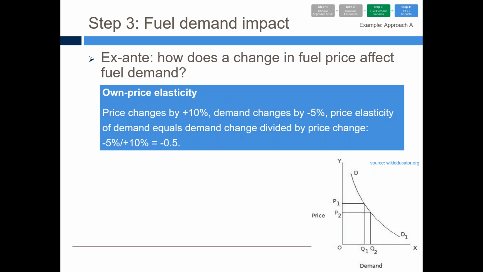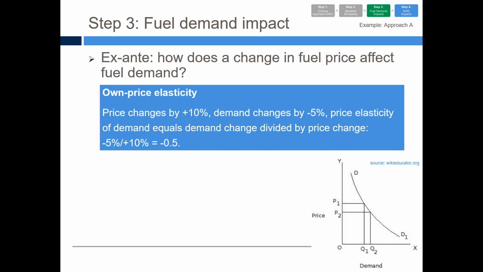So if you increase your price by 10%, depending on this demand curve, you will find, for instance, a reduction of demand by 5%. And based on those two numbers, you can compute a price elasticity, which in that case will be minus 0.5. This is an inelastic demand.